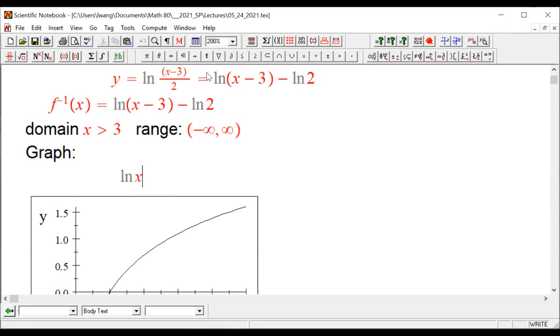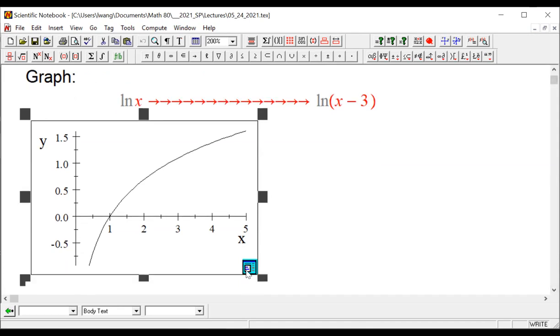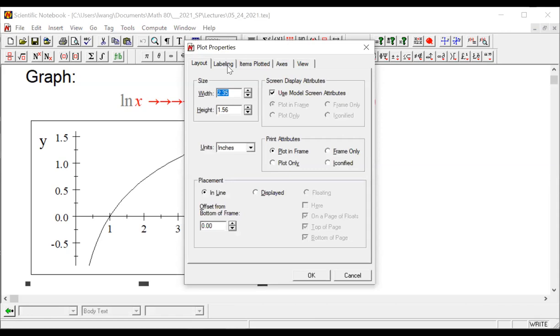So we're going to do one at a time. From ln x to ln x minus 3, what kind of shift would that be? Could anybody tell me? A horizontal shift, vertical shift, left, right, up, or down?